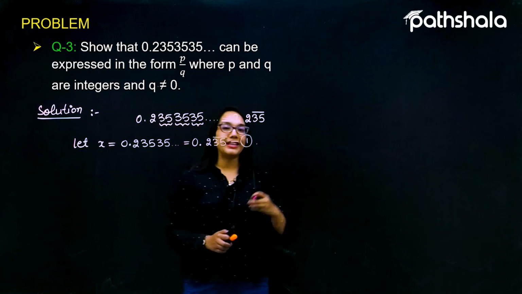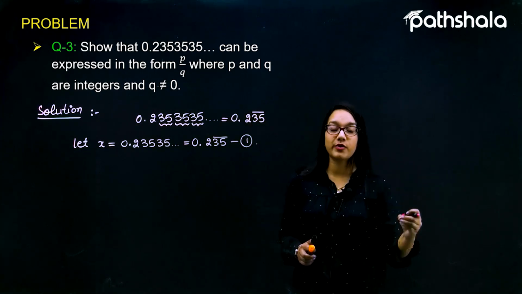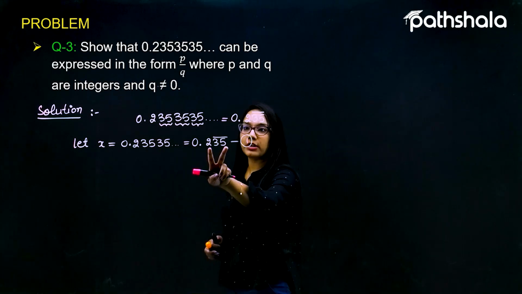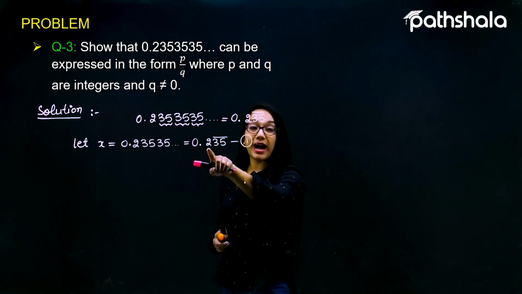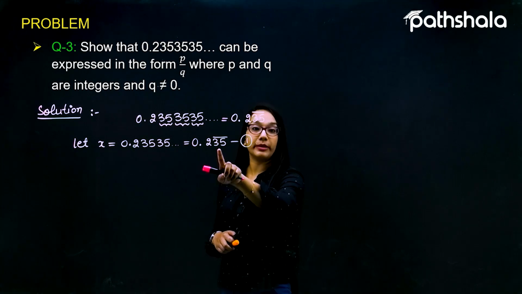Now in the earlier questions we have seen that whenever a number is repeating itself again and again, it is the numbers after the decimal that repeat. So here the number 2 is actually not repeating itself, and there are two numbers that are repeating.